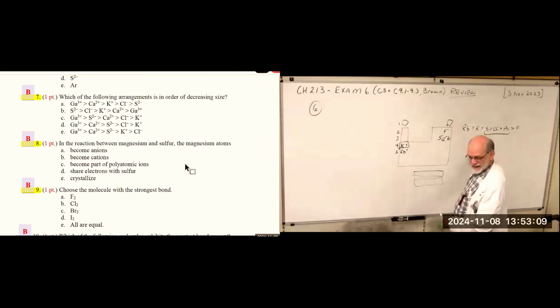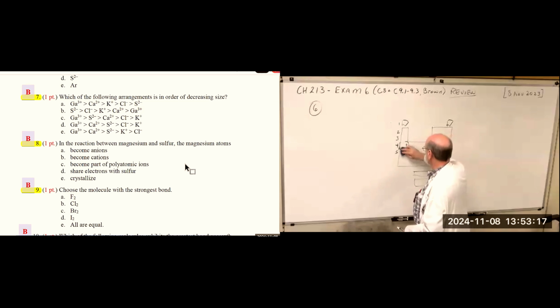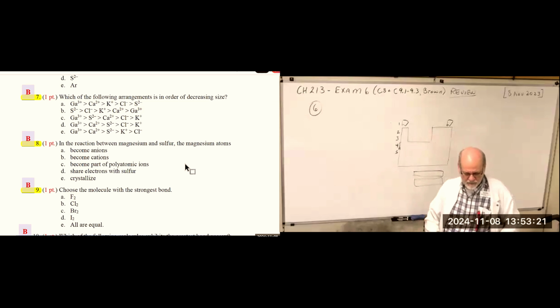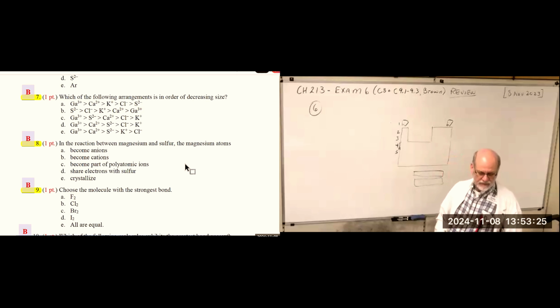Now, as if that wasn't bad enough, now we're going to try to put some in order. Which of the following arrangements is in order of decreasing size? Okay, let's see what we've got. Gallium, calcium, potassium, chlorine, sulfur. Okay, A and B have the same ions in them.